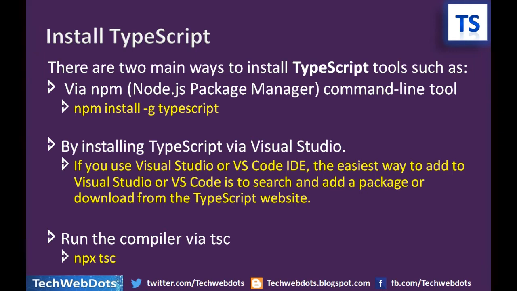If you are using Visual Studio or Visual Studio Code IDE, the easiest way is to search and add the package or download it from the TypeScript website. I will leave a link of the TypeScript website in the description of this video, and you can test your TypeScript compiler by running the command npx tsc.